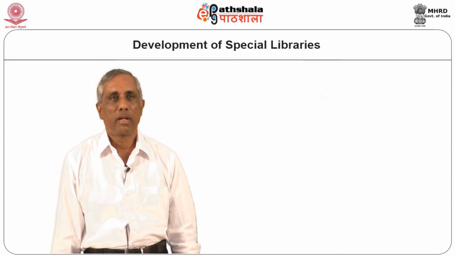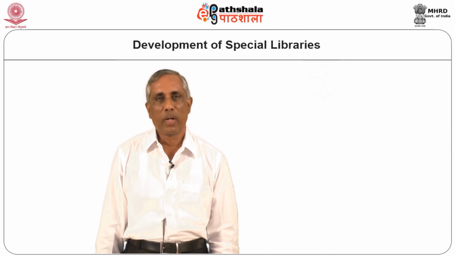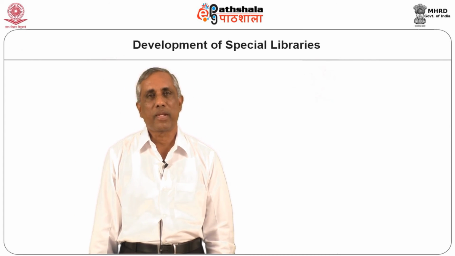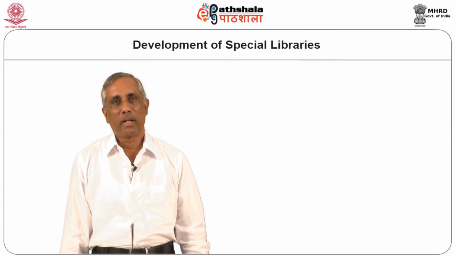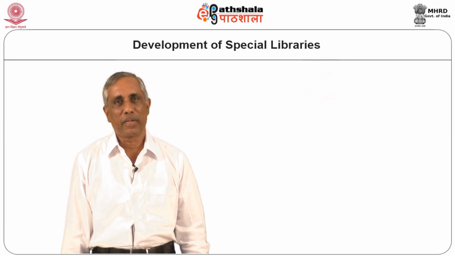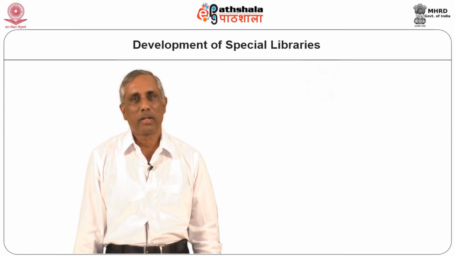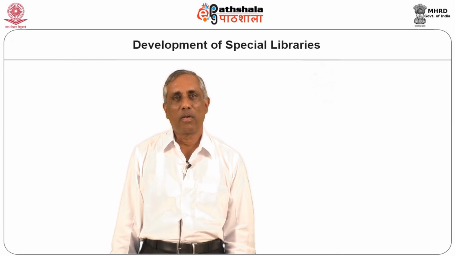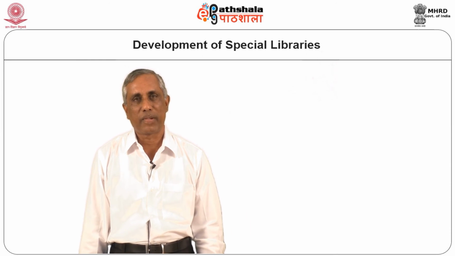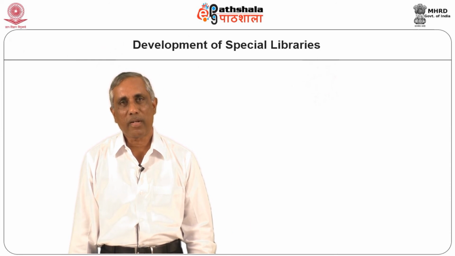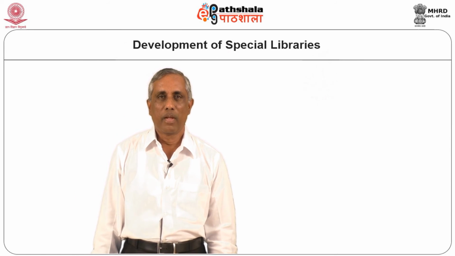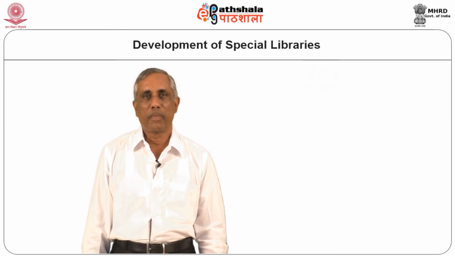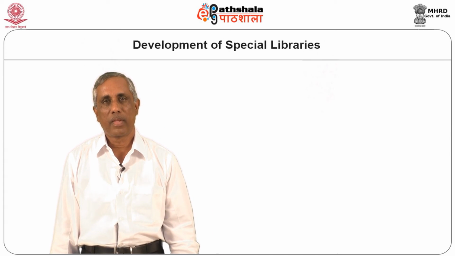Now let us look into the most important part of the module, development of special libraries. Before directly going to the development of special libraries, I want to talk about the five laws of library science of Dr. S.R. Ranganathan, father of the library movement in India, versus development of special libraries.